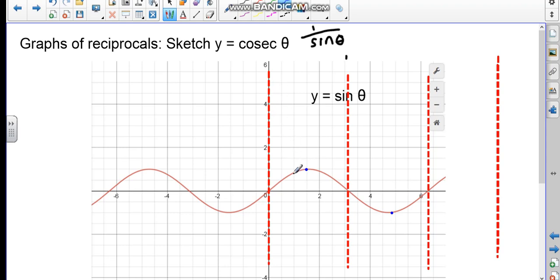Even if we think about sine 30 or sine pi by 6, that value would be 1/2, and 1 divided by 1/2 would be 2. So we'd have a value around here, and the same around here. So we can see the shape is going to come down like this, and then it's going to come round here, touch at 1 and come back up, and then we've got that asymptote there.